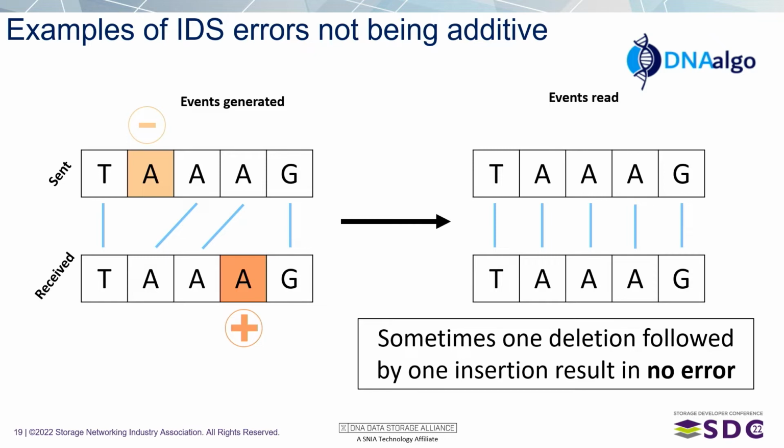So during the storing of our data in DNA, at some point, one A has been deleted, but then, later on, one A has been added. So what we get when we sequence it back, so when we read, is basically that we wanted to write T-A-A-A-G, and we read T-A-A-A-G, and we may conclude that no error has occurred, basically because two errors cancel each other.